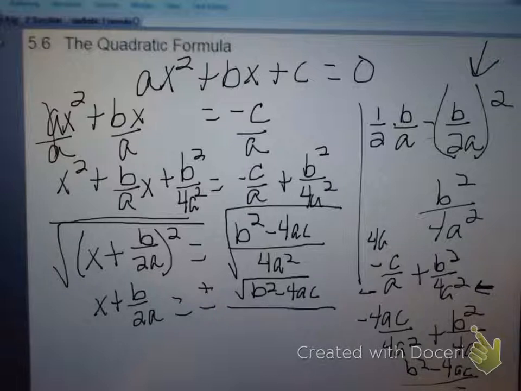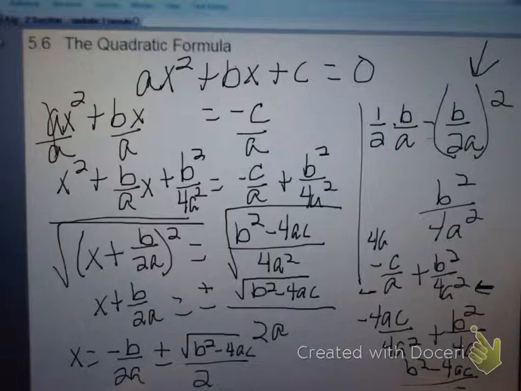The square root of 4 is 2, and the square root of a squared is a. Now to solve for x, I am going to subtract the b over 2a. So x is equal to negative b over 2a plus or minus the square root of b squared minus 4ac all over 2a.